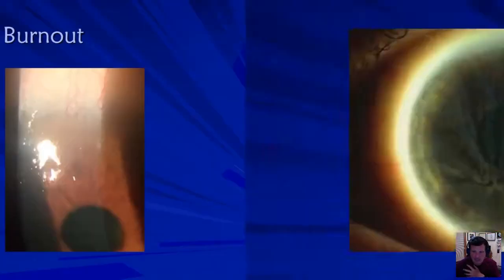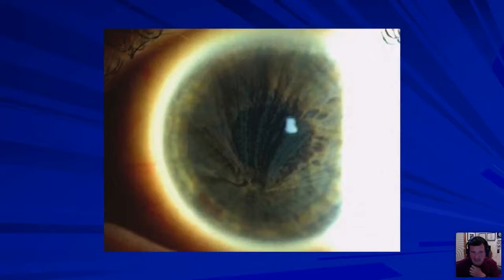Now, I'm going to go to this slide right here. This is a case of amiodarone toxicity. And what I like about amiodarone toxicity is the amiodarone kind of acts as a tracer of how the epithelium repairs. And the epithelium repairs by stem cells slowly sliding in and creating epithelial cells.